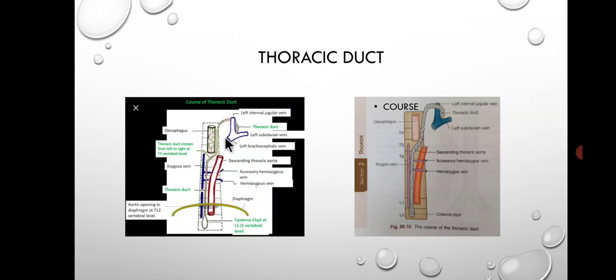On the left side, the thoracic duct finally drains at the midpoint between the left subclavian vein and the left internal jugular vein. So this course is very easy: it starts from the upper end of the cisterna chyli, then enters through the aortic opening.